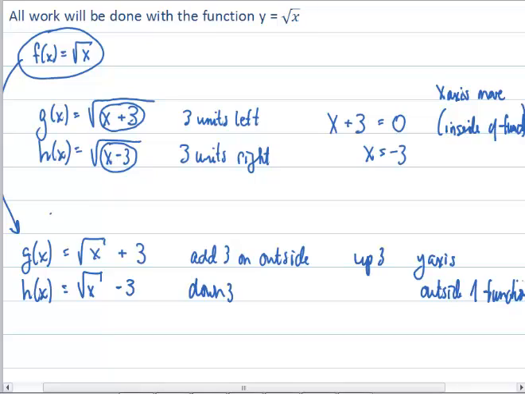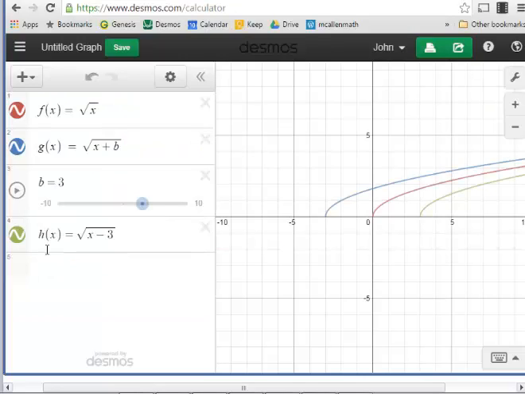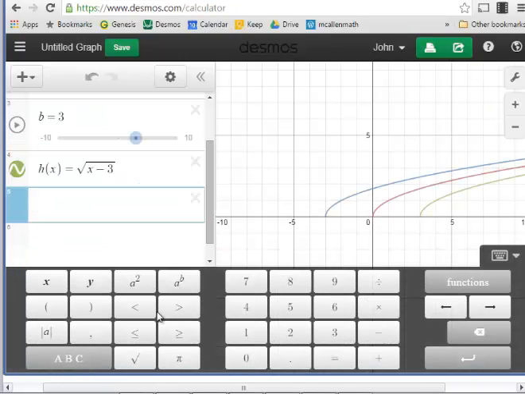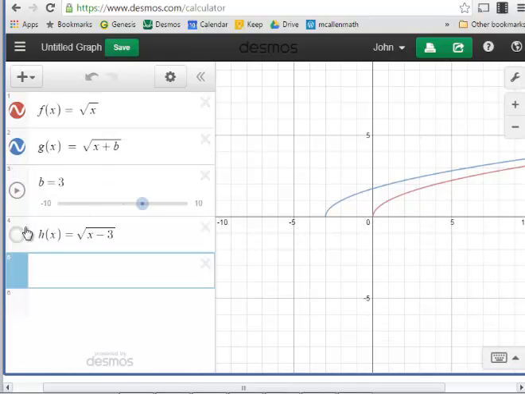To demonstrate this with Desmos, Desmos is very clever. It's so mathematical. I can actually take those functions we just looked at, and let's just say I have f of x up here.